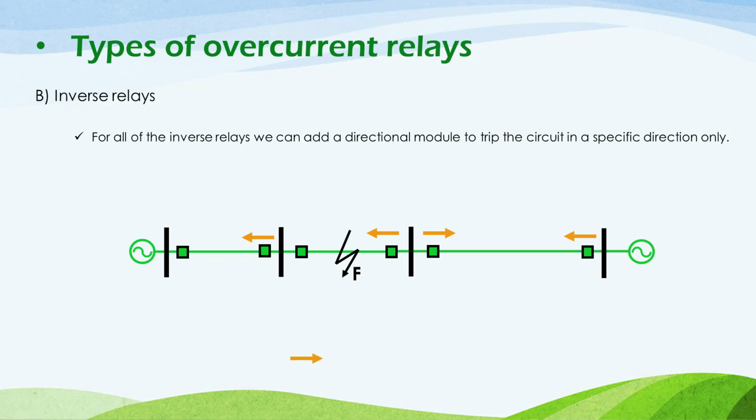For example, this relay detects the fault on its right direction only, or out of its path. And this relay detects the faults on the left direction only, or out of its path also. And the same idea for the other relays, as each of them has a specific direction to work on.